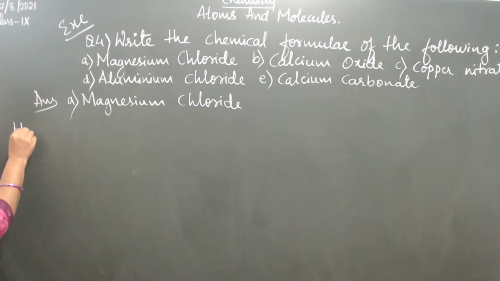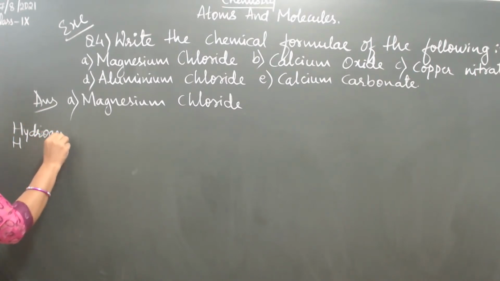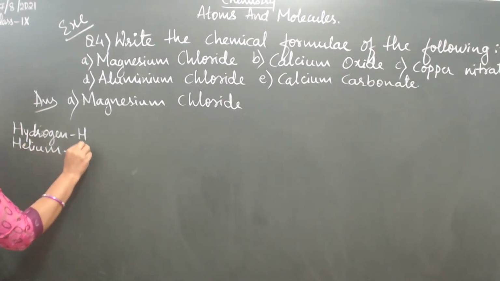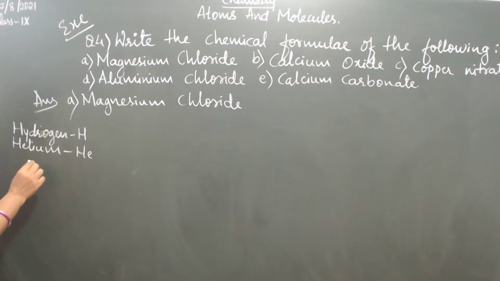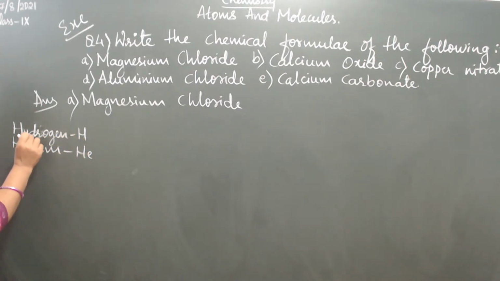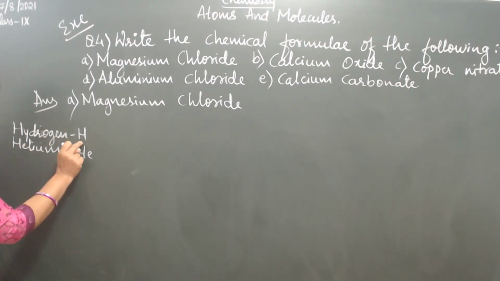For hydrogen it is H, for helium it is He. I just want to tell you about the symbols for the elements. For the symbol of an element, we write a capital letter. Here the name of the element is hydrogen and the symbol is the capital letter H.